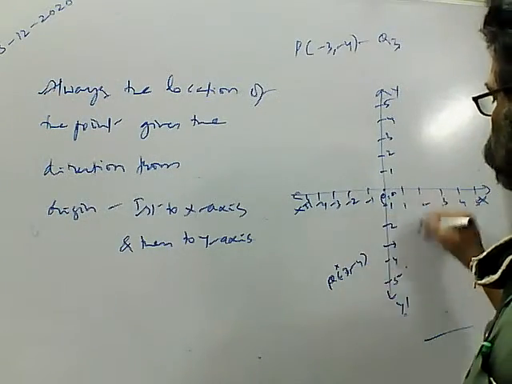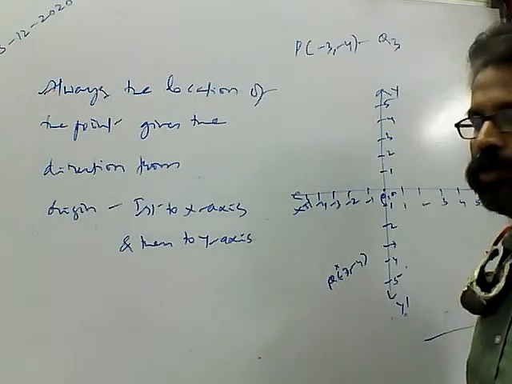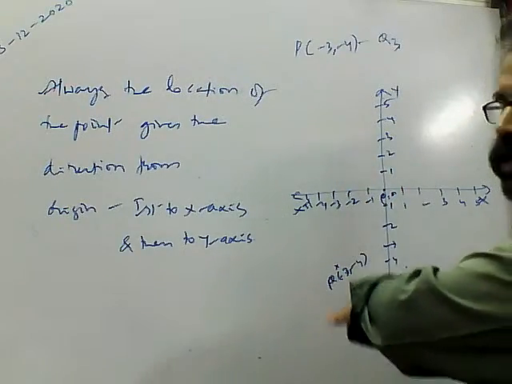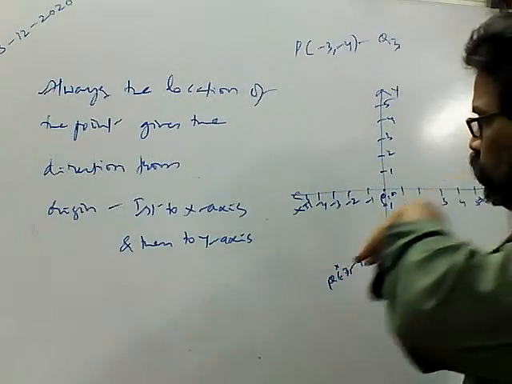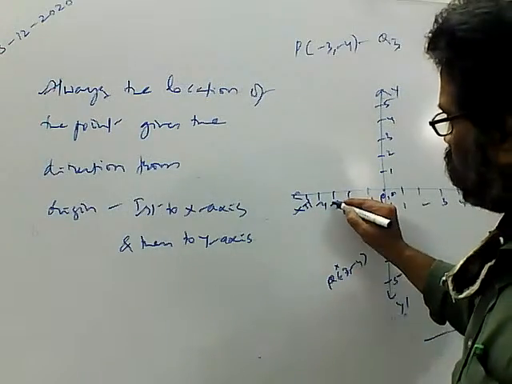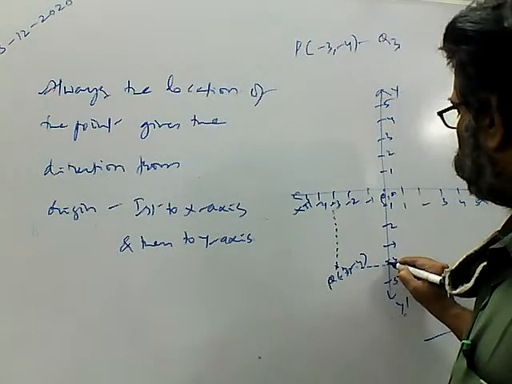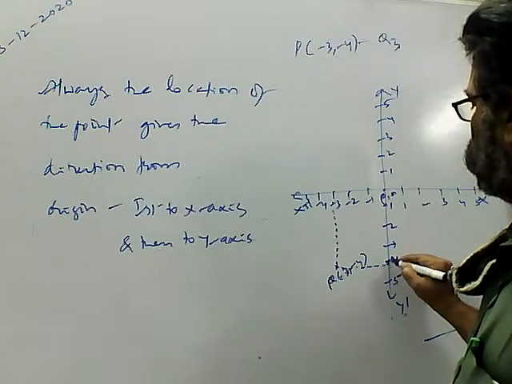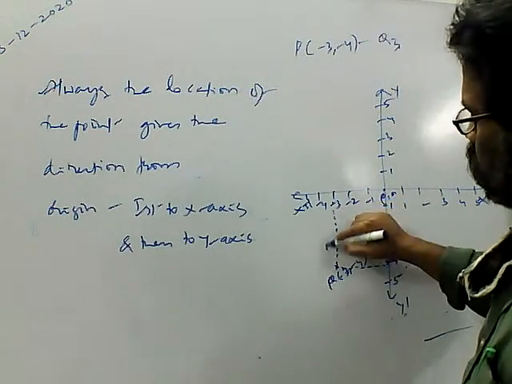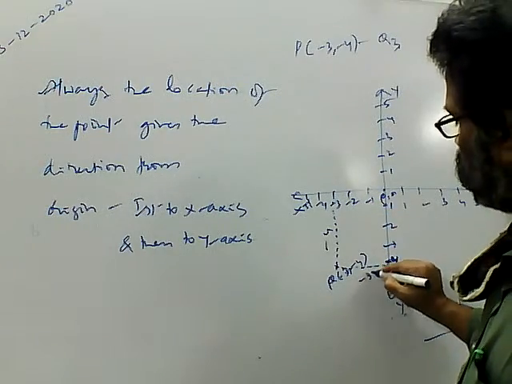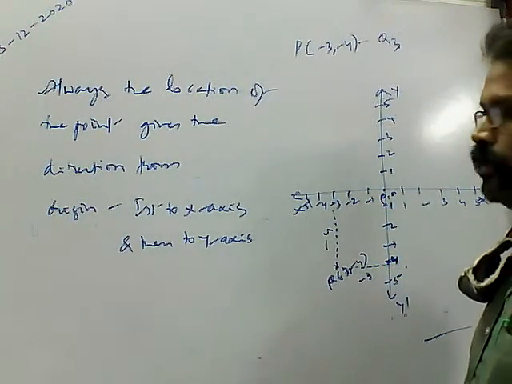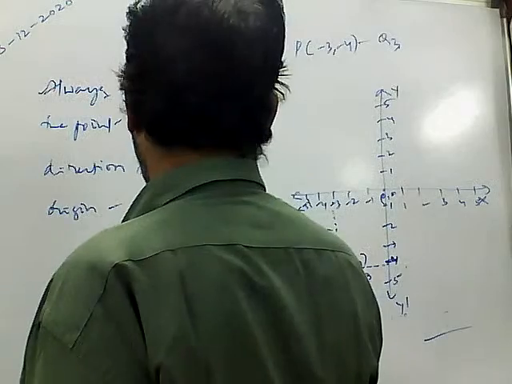You have to divide the plane with respect to the graphical plane. The squares and grids are already there, and then you use the pencil. So this length is minus 3 and this length is minus 4. Are you clear?